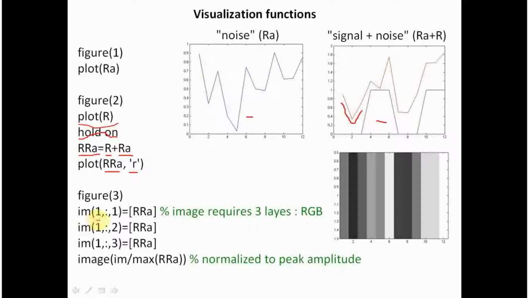One dimension is x, other dimension is y, something that we have in all other plots, x, y, and the third dimension is the layer of the image. Typically there are 3 layers for red, green and blue, RGB.